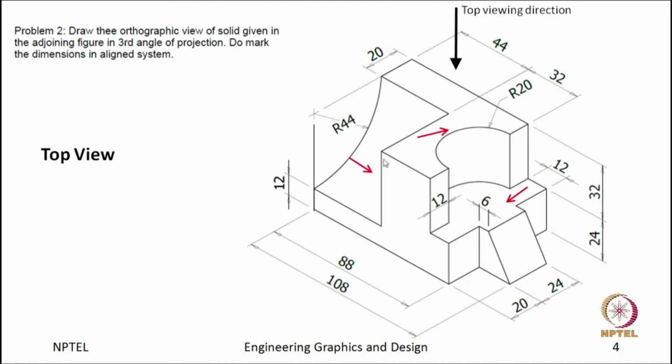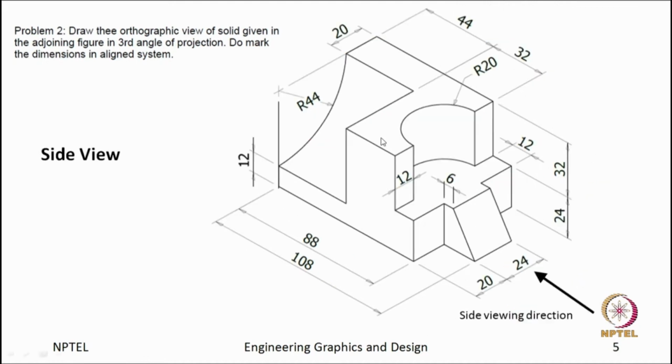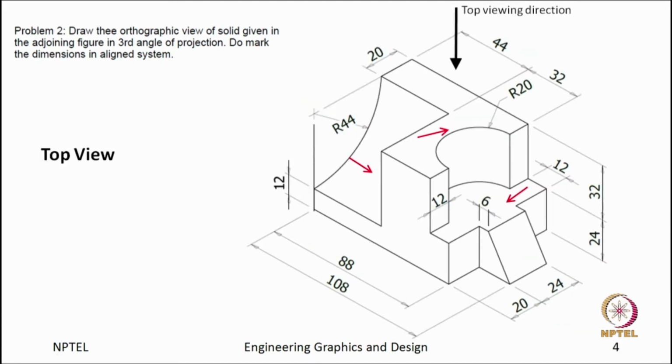Again, this curved surface, the curved surface is in such a way that we will look at it from the top view as well as from the front view. These are the three features, and also this inclined surface we will be able to look at from the top view. That is not shown here, but I will do.